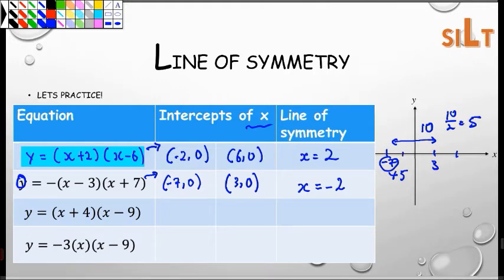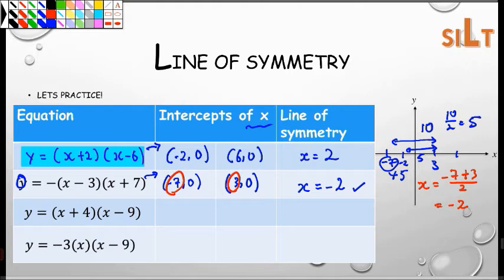So from -2 to 5 to 3, it happened to be 5 also. So therefore this is correct. Now if I use the second method, I just need to take this number plus this number divided by 2. So I take x equals negative 7 plus 3 over 2, which equals negative 2.